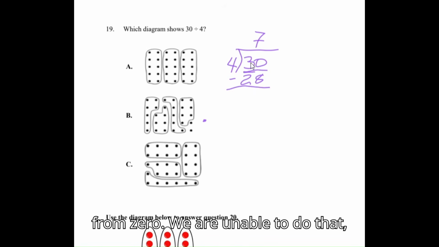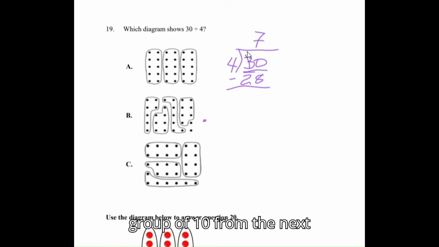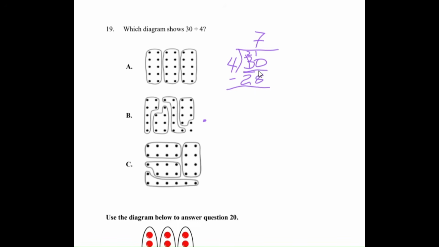We are unable to do that, so we're going to rename by taking a group of 10 from the next place, and we're going to bring it over. 8 from 10 is 2, and then 2 from 2, we're left with 0. So 4 goes into 30 7 times, and a remainder of 2 is left over. So our answer is option B.